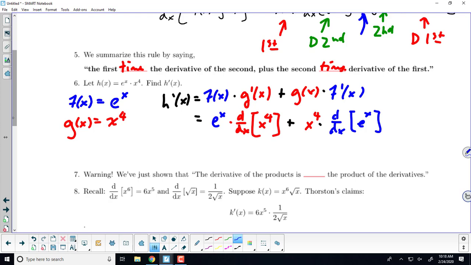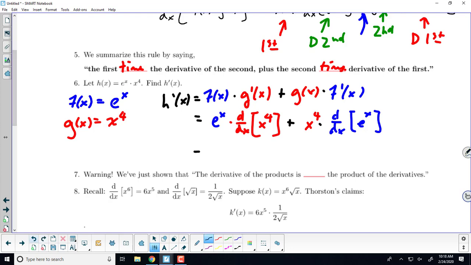I might be in the middle of computing a very large derivative, and I just get to a particular component that I'm not ready to take the derivative of yet. So I just pause and I say, in a moment, we'll take the derivative of e to the x. Okay? If you feel comfortable doing it right away, go ahead and do so. But this is just a nice bookkeeping procedure.